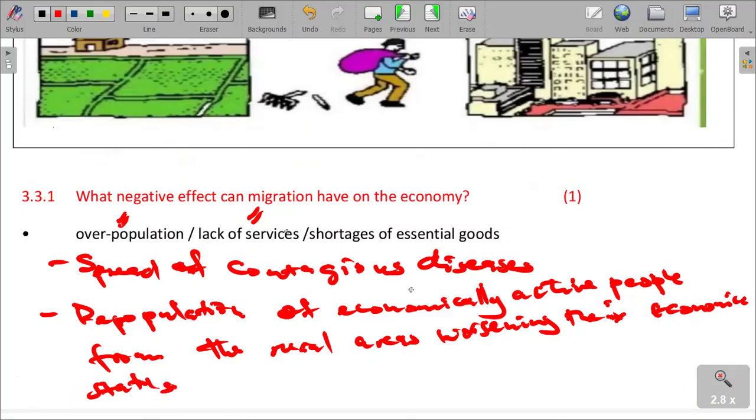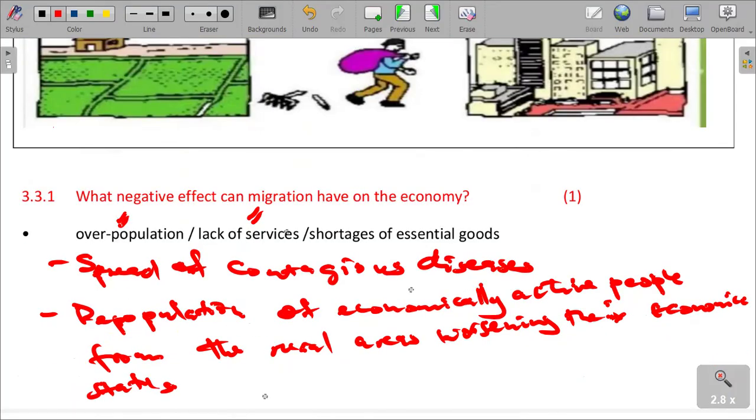We are saying that with depopulation, rural areas will remain with only inactive people. We remember and understand that economic activities in rural areas highly depend on what? They heavily depend on agriculture or primary services, which need those young people.